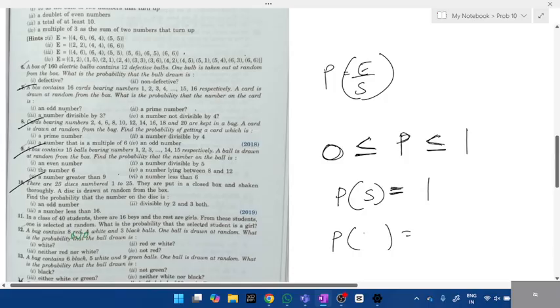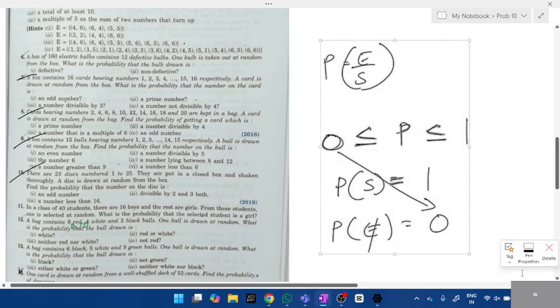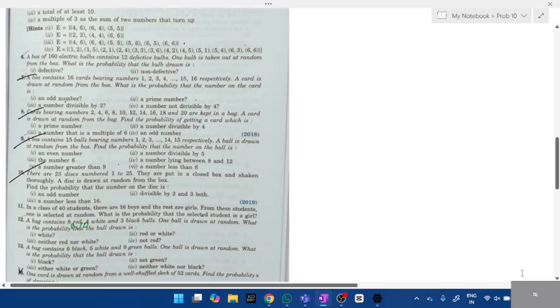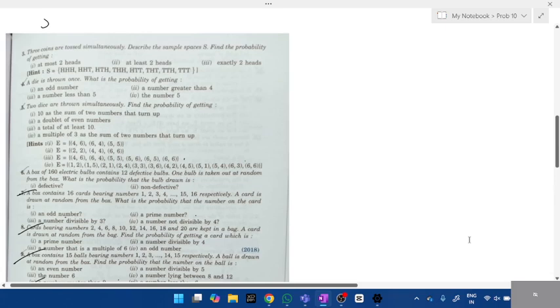Okay, probability of not an event. What's the answer for not an event? Whichever doesn't occur, it is 0. Probability of not an event is 0. Probability of a sure event is 1. Probability lies between 0 and 1.